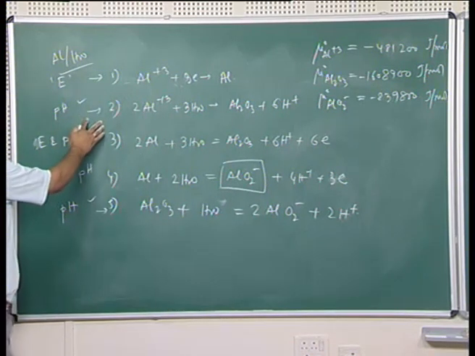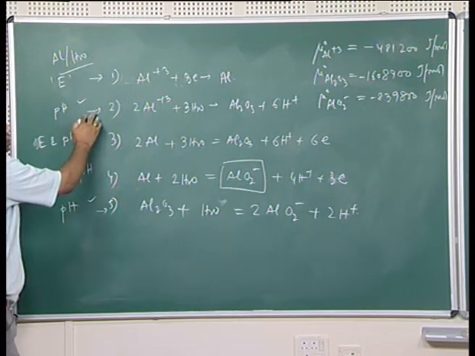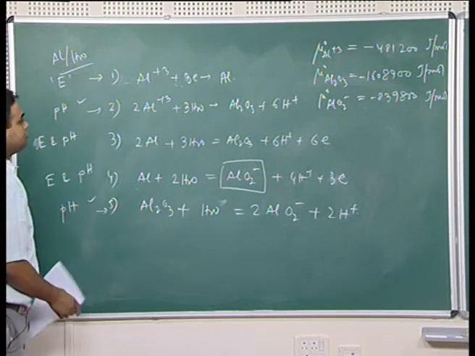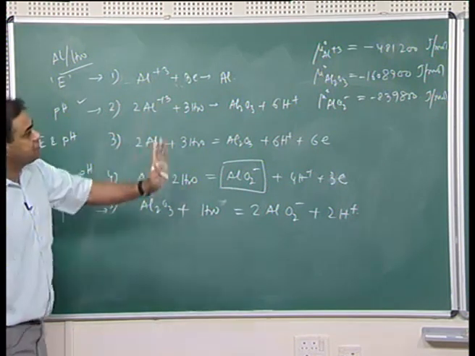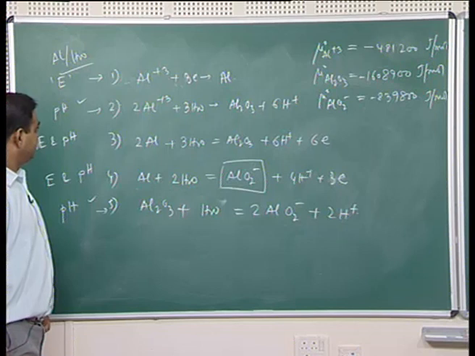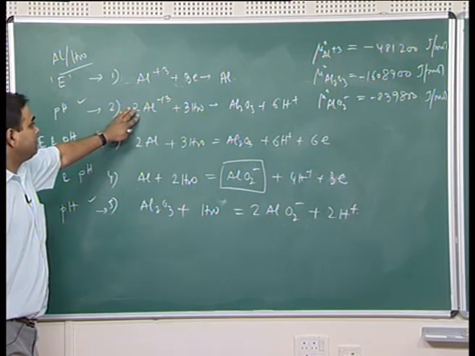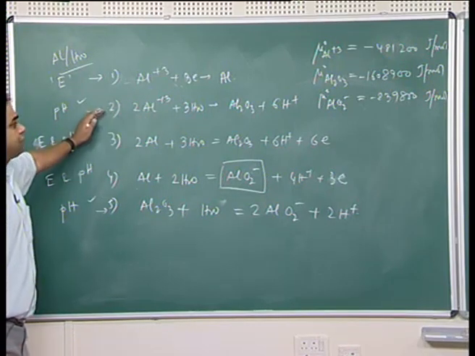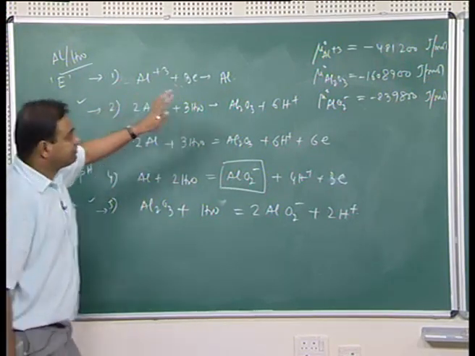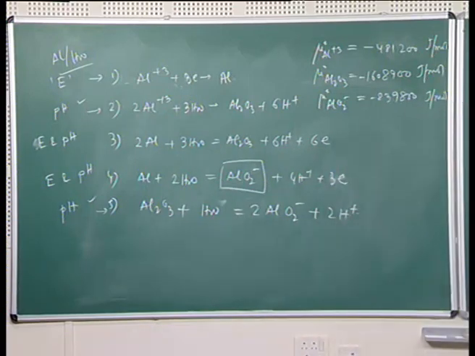From the equilibrium constant you can find out at what pH value this vertical line would start, if the activities or concentrations of those ionic species are 1. This should be equation number 2 and this should be equation number 5.